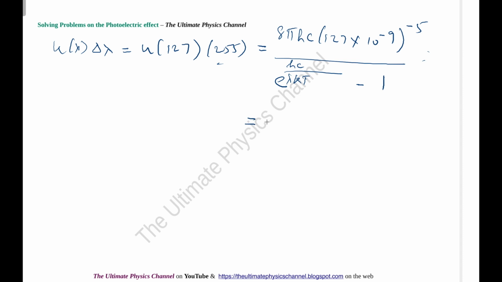If you do the calculation here, you would get 1.23 times 10 power minus 4 joule per meter cube. That is the energy density units, right? So this is what you get.